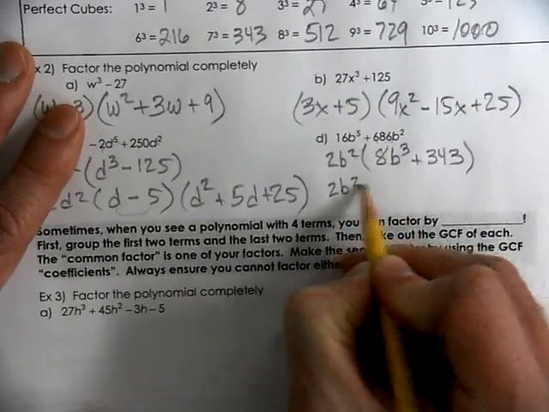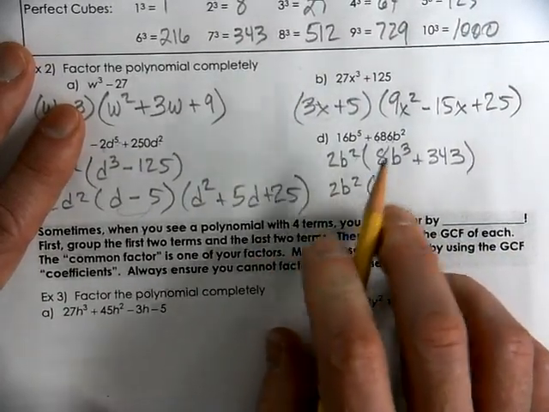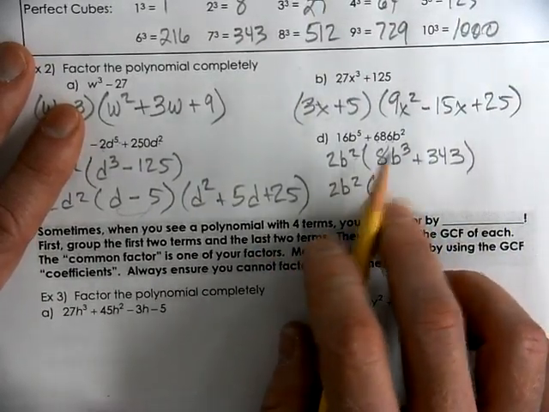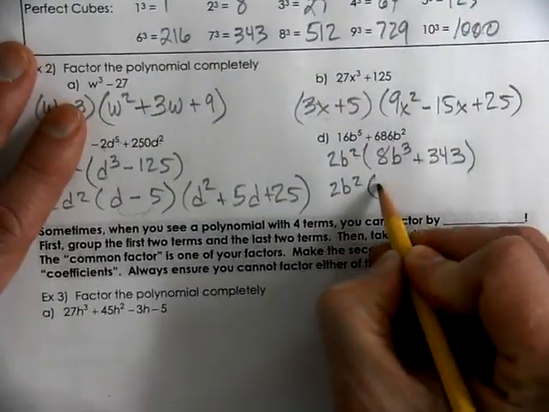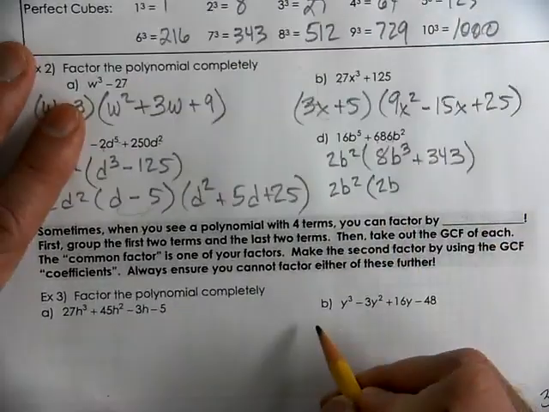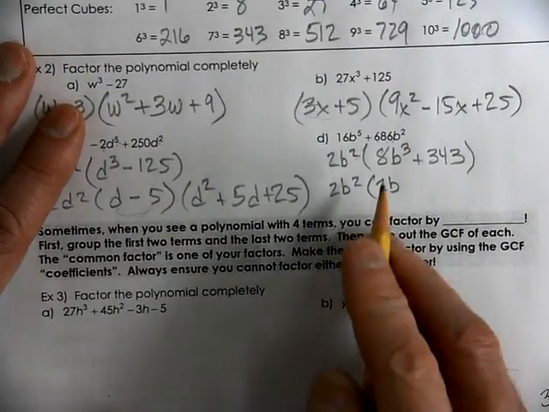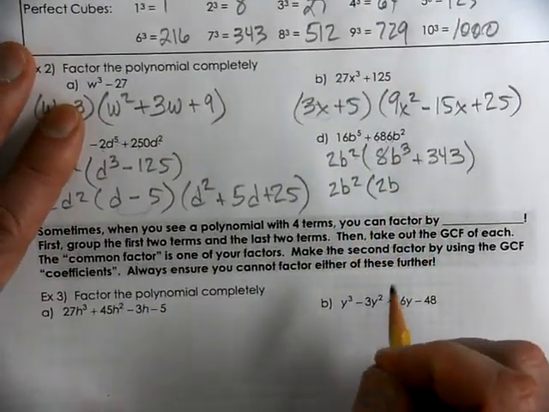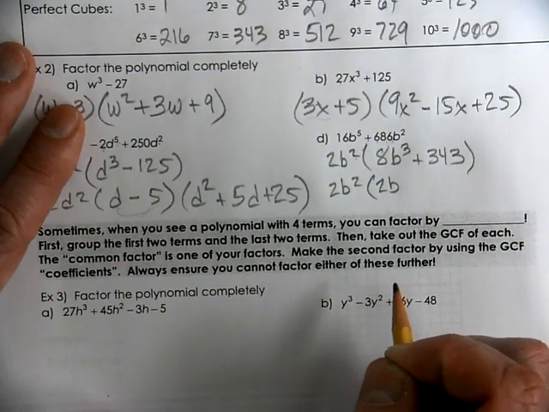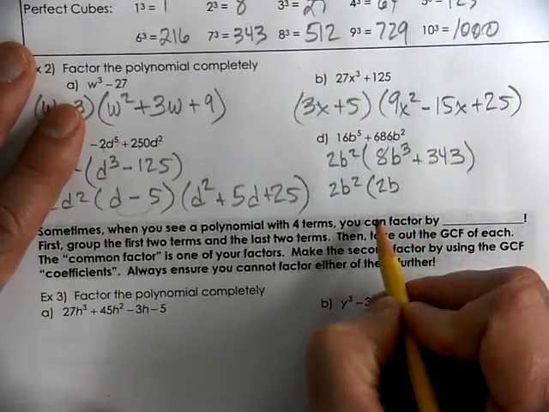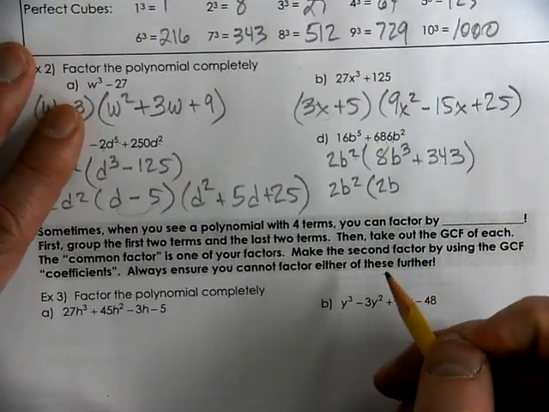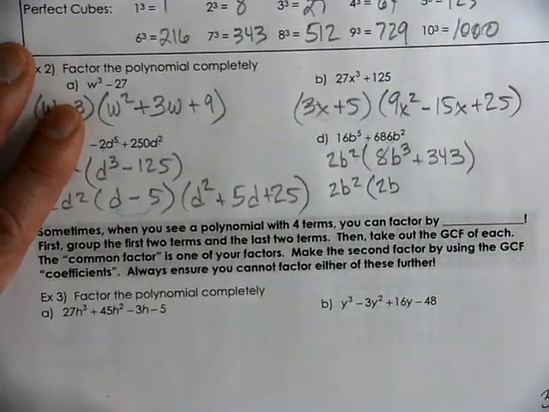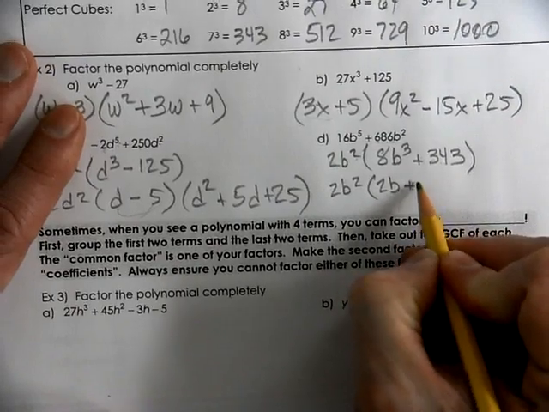So 2b squared, what times what is going to make 8b cubed? 2b times 2b times 2b is going to make 8b cubed. And what times what makes 343? So it's a positive 7.